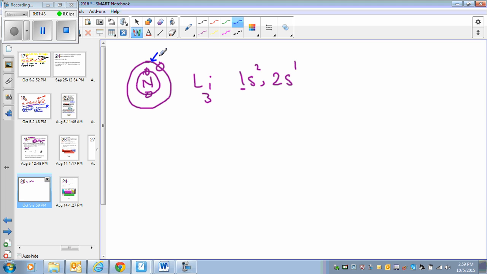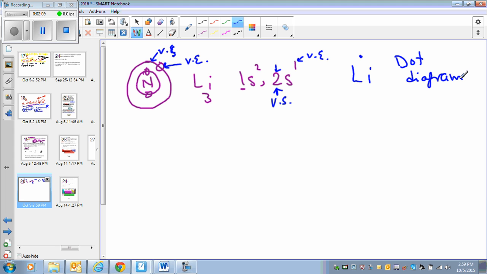So this is the valence shell, and this is the valence electron. That means this is the outermost energy level. You're looking for the biggest number here, the coefficient, and this is how many electrons it has. So lithium has 1 valence electron. So I write Li and put 1 dot on it. This is called the dot diagram of lithium.